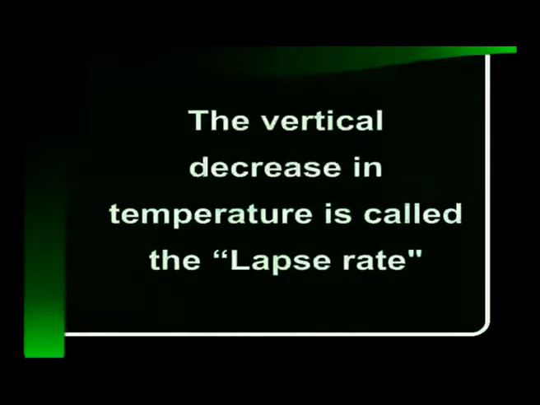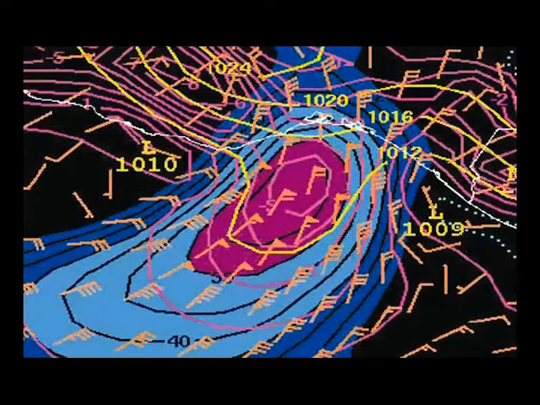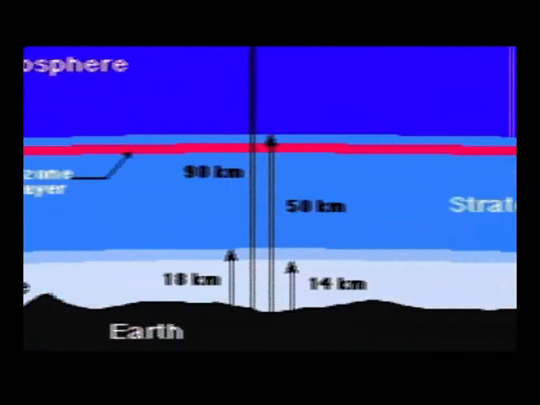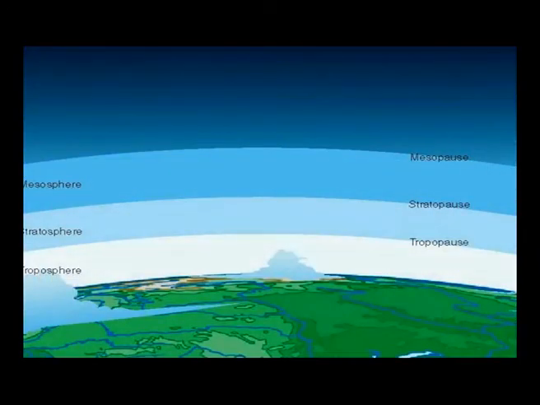Lapse rate. The vertical decrease in temperature is called lapse rate. The lapse rate is not constant, but it varies with height, location, and season. Vertical decrease in temperature continues only up to the tropopause, beyond which it stops.